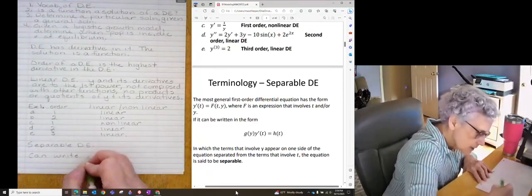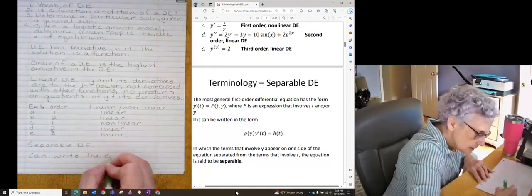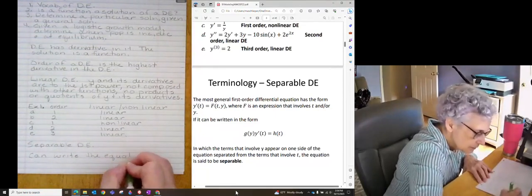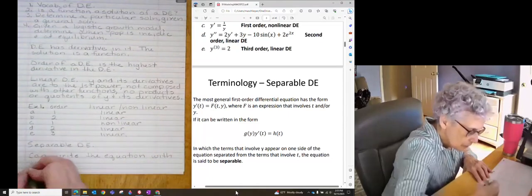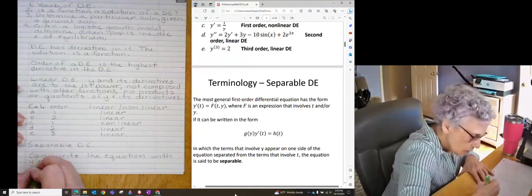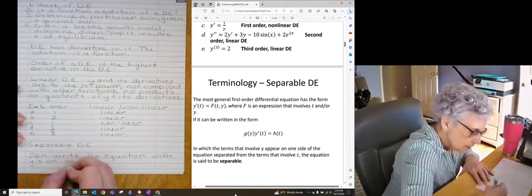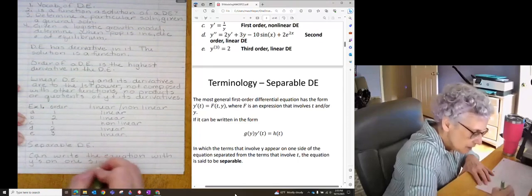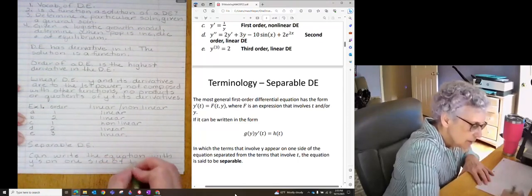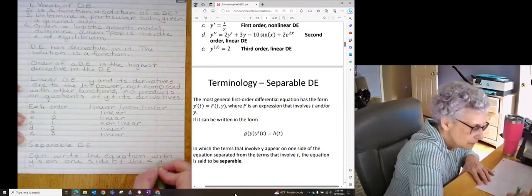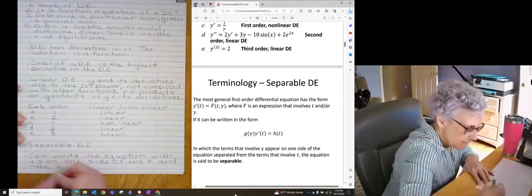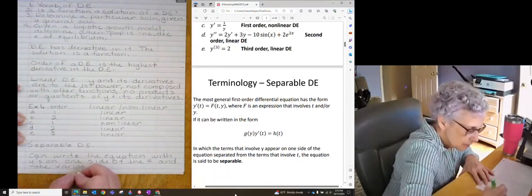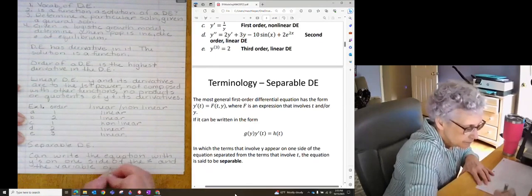Can write the equation with y's on one side of the equal sign and the other variable on the other.